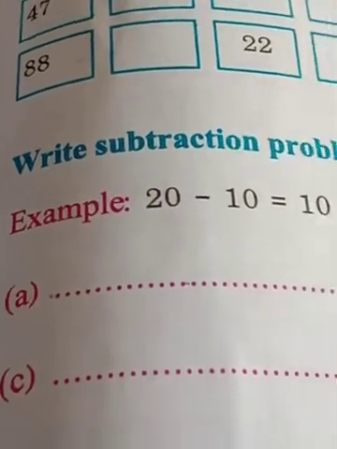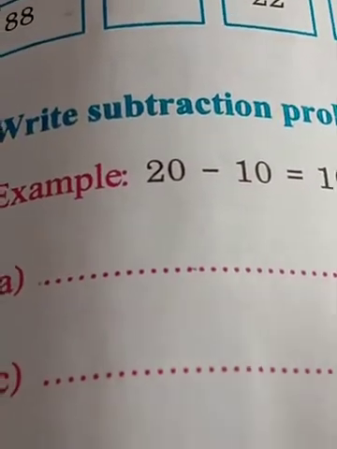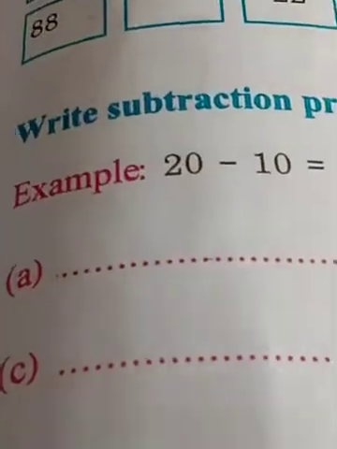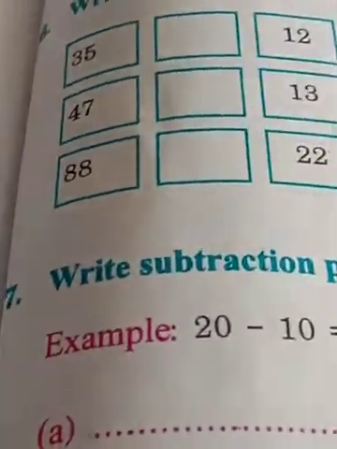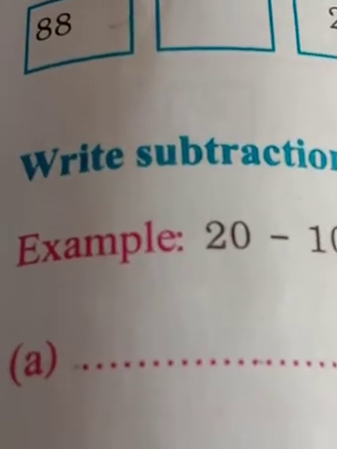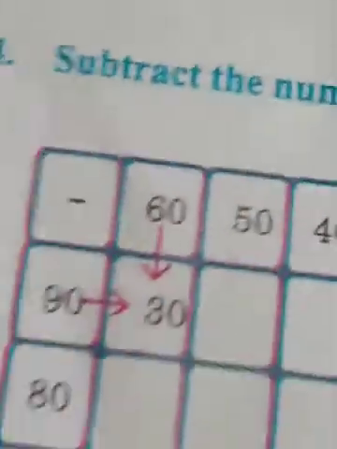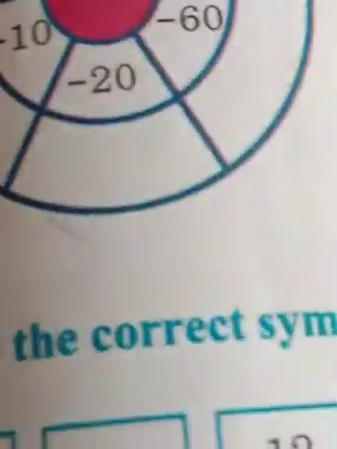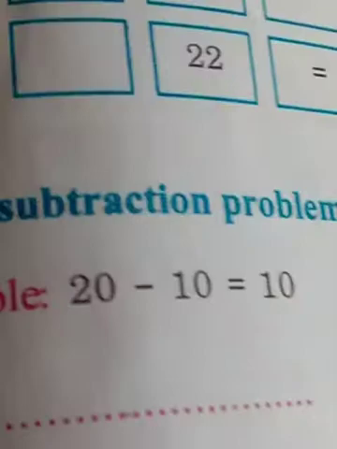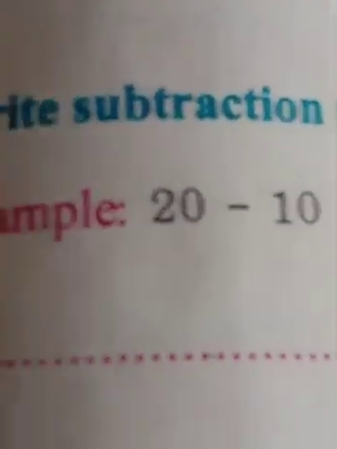So here we want the answer, the difference, to be 10. Any two numbers will be taken and the difference will become 10. In the previous class too we were doing only these problems. So here 20 minus 10 equals 10.